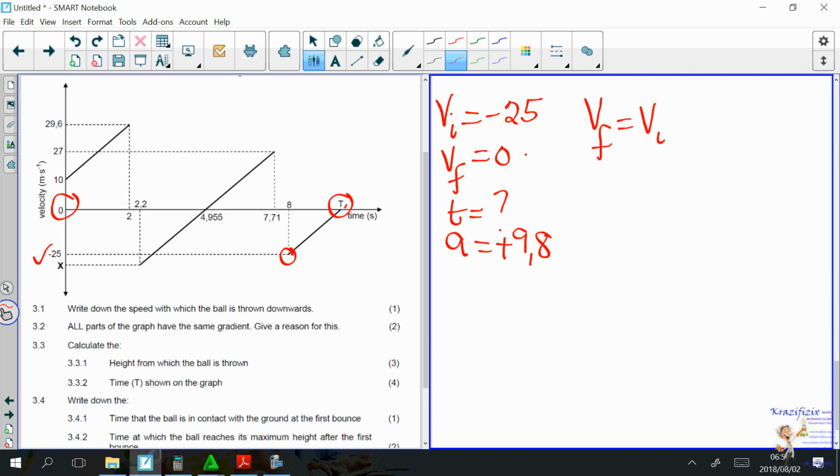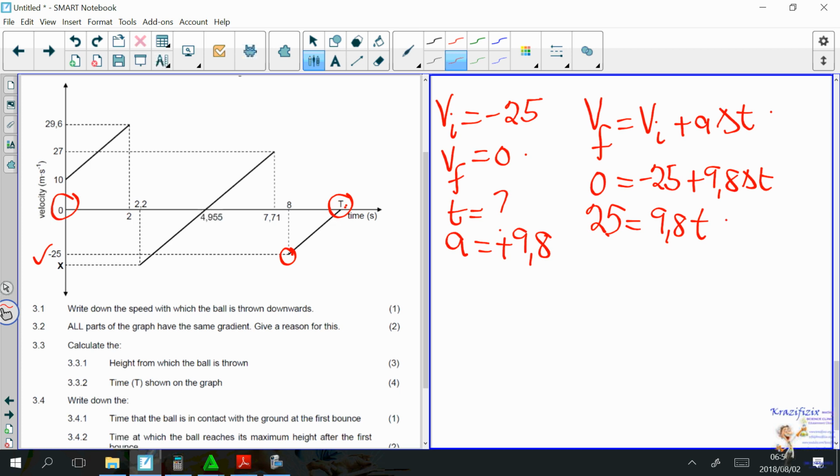Vf equals Vi plus a delta t. 0 equals negative 25 plus 9,8 delta t. If we move the 25, it becomes positive. Guys, you must never get a negative time. Divide 25 by 9,8. Your answer should now be, if you use your calculator, 2,55 seconds.